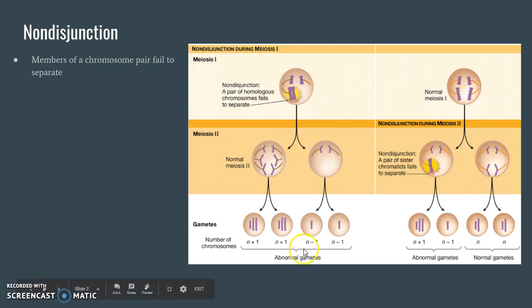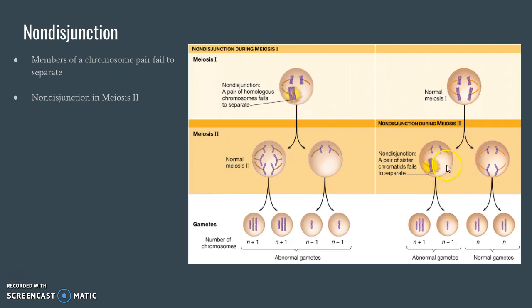If we look over in normal meiosis 1 over here, and we have non-disjunction occurring in meiosis 2, what ends up happening is we have a pair of sister chromatids that fail to separate. So before it was homologous chromosomes. Now we have our chromatids that are failing to separate.